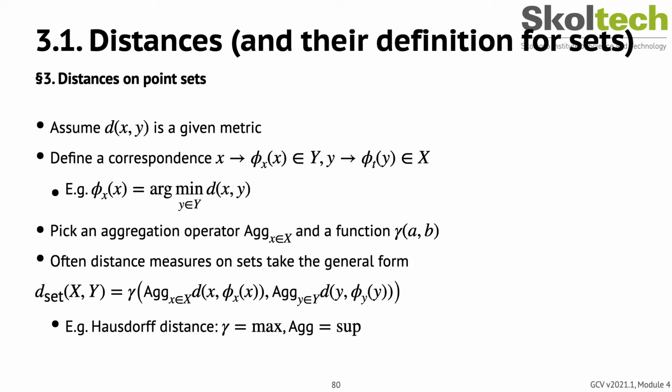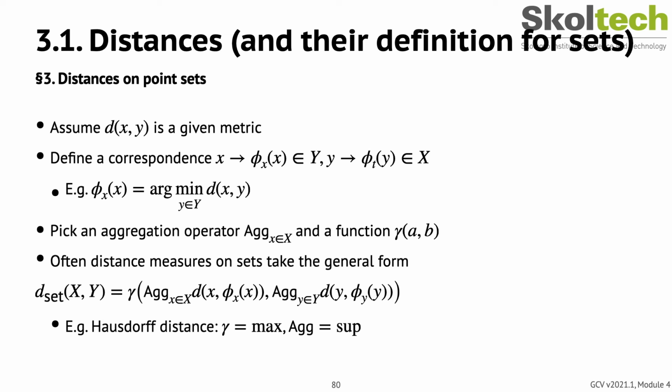Let us further assume that d(x, y) is a given metric. Commonly, many differences between sets may be expressed by defining a correspondence from elements of X to the elements of Y. For instance, one such correspondence may map an element x from the set X to its closest point in the set Y. If we do find such a correspondence, the distance measure on sets can take the general form specified by picking an appropriate aggregation operator over sets X and Y and a function gamma.